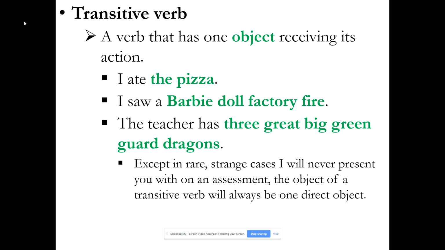That doesn't happen. There are a few rare cases in English where it can happen, just because English is this really flexible, evolving language, and there are certain phrases where it happens. But it's fairly rare. So I'm not going to give you that in any kind of assessment situation, and you don't really need to be able to identify cases where you have a transitive verb with one indirect object as its argument.